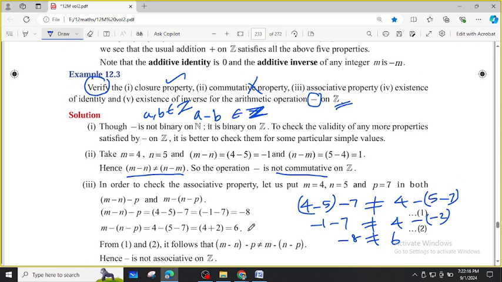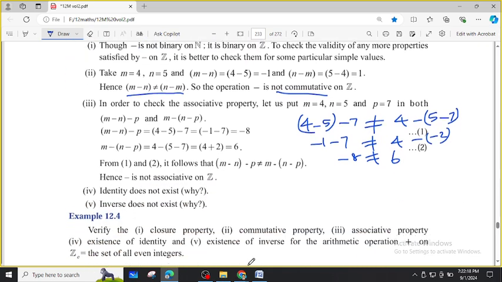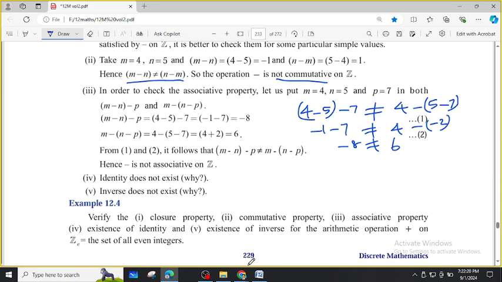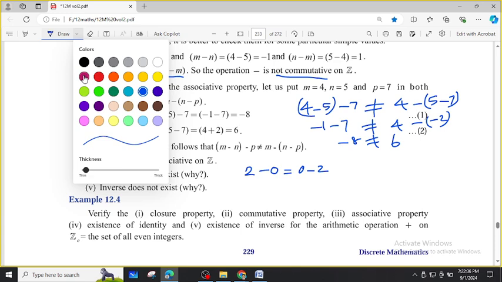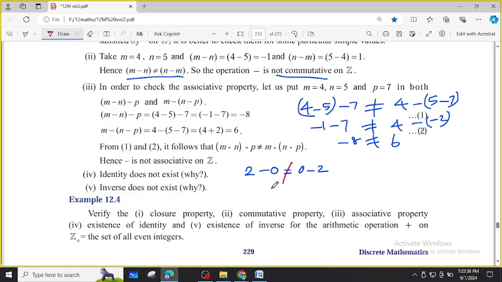For addition, the additive identity is there: 0 is the additive identity. Now you have to check. Suppose 0 is the identity, take 2 minus 0, but 0 minus 2. Both are not equal, no? So in subtraction, identity does not exist.